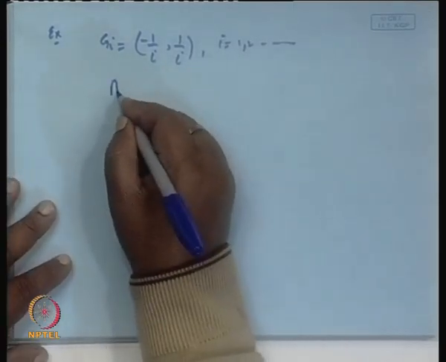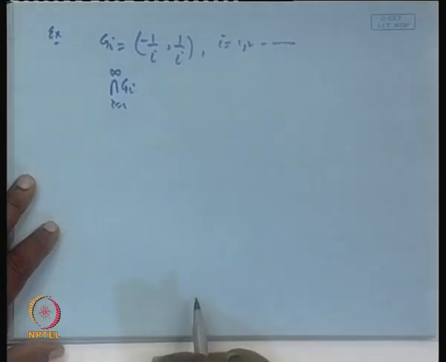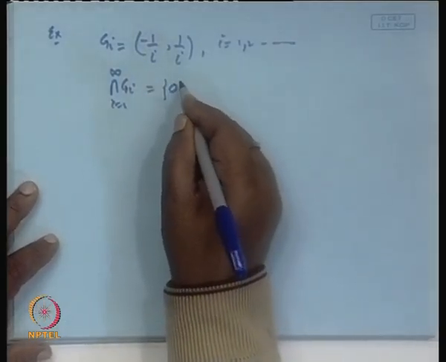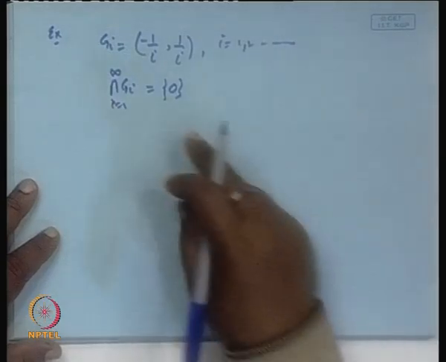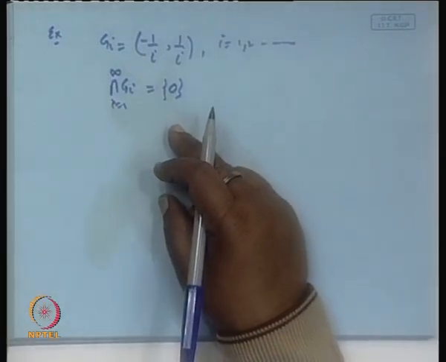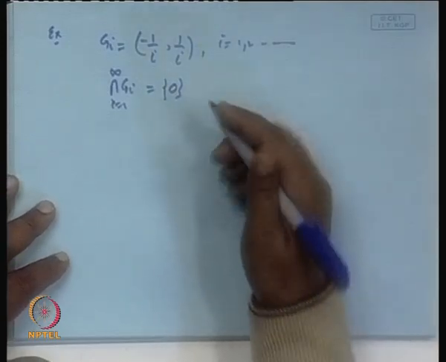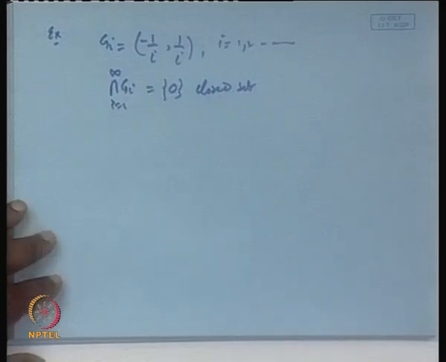Now, if I find the arbitrary intersection of this, then what happens? This is nothing but the set containing only the singleton point 0. So, a singleton set cannot be an open set, it cannot include any ball around the point. Therefore, it is a closed set. So, what we conclude is that the arbitrary intersection of open sets need not always be open.